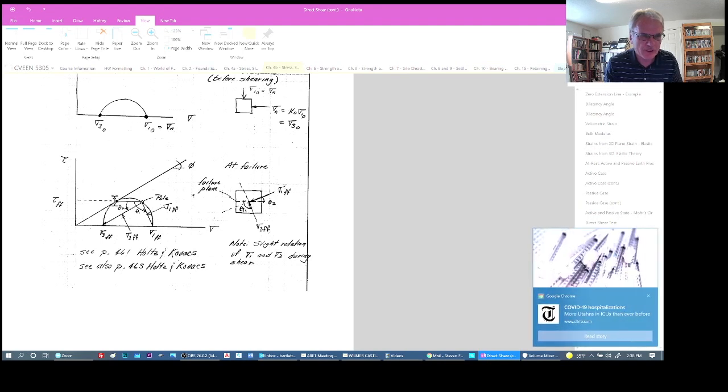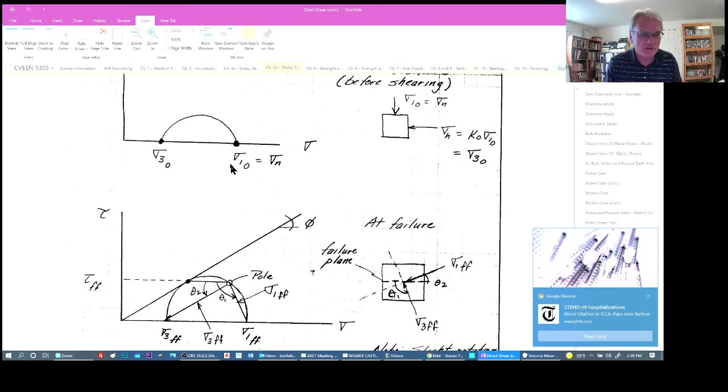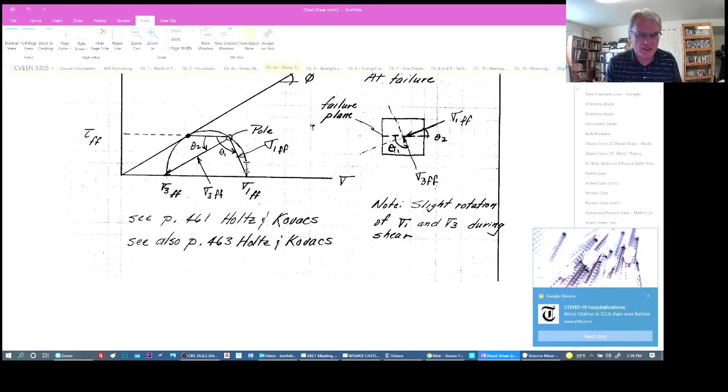So we start here at the state of stress of sigma 3, draw a line parallel to that horizontal plane, and find the pole. Then if we draw a line from the pole down to sigma 1 at failure, this line defines the plane upon which the major principal stress acts.